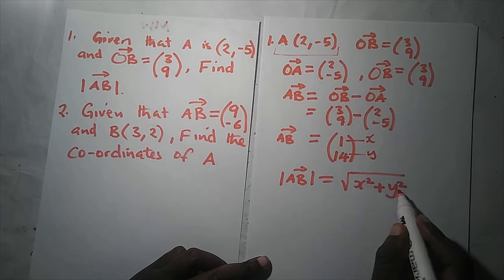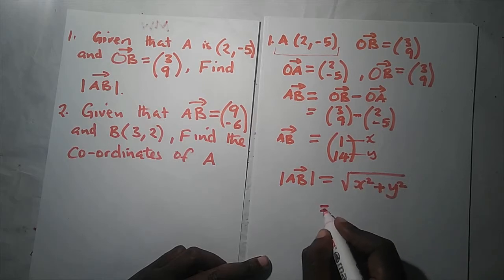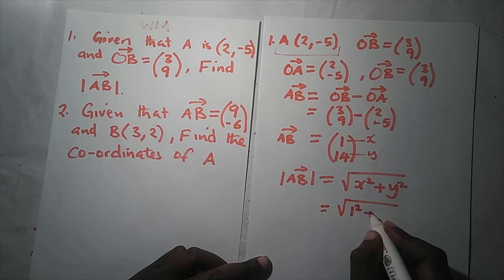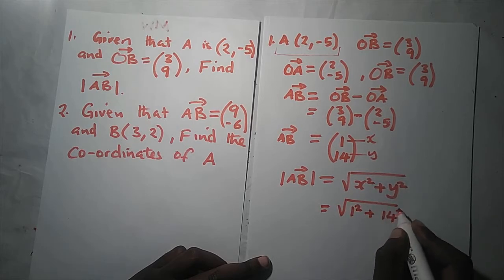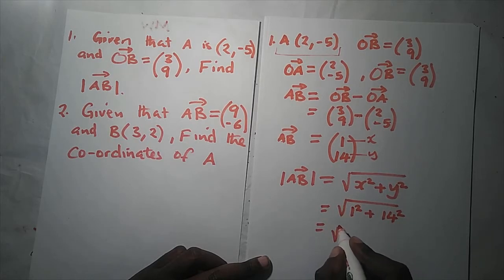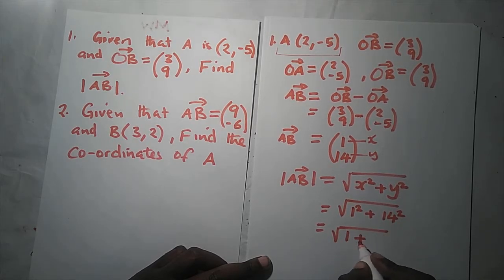So we are going to substitute in this equation, which will give us the square root of 1 squared plus 14 squared.